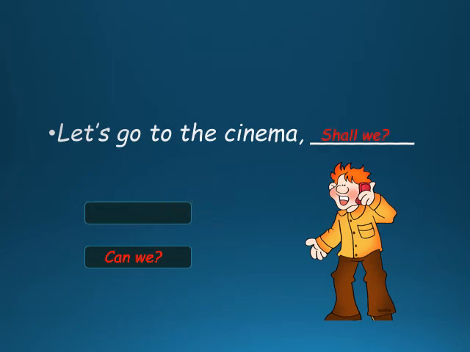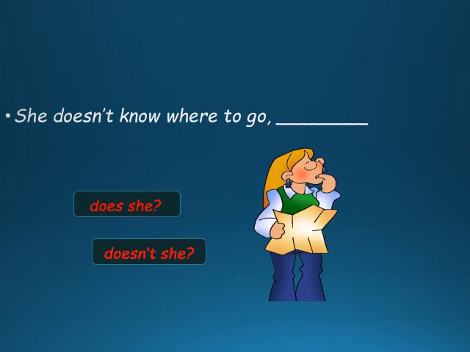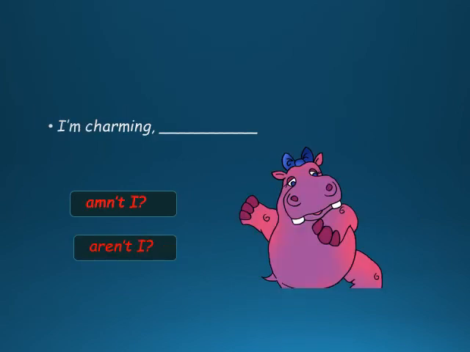Shall we. She doesn't know where to go. Does she? I am charming. Are you going to use aren't I or am I? Aren't I.